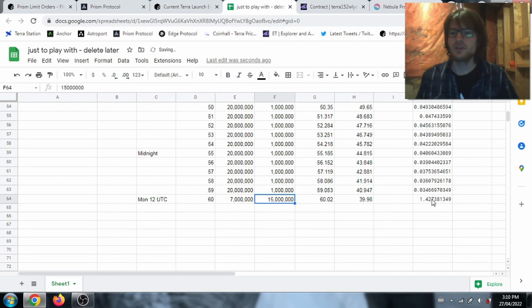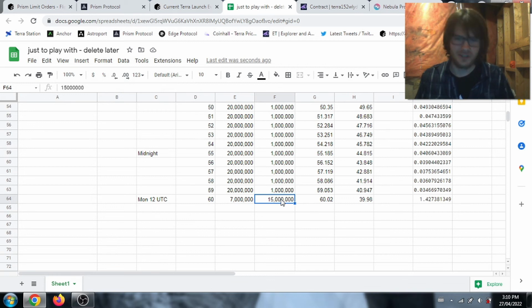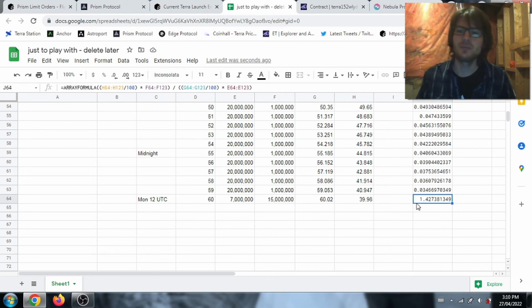So that's going to be the price. There you go. Pretty sweet, huh? So if the LBP ends with 7 million Neb and 15 million UST, the price of Neb is going to be 1.42, given the weights that will be prevailing at the end of the LBP period. So that'll be the price.